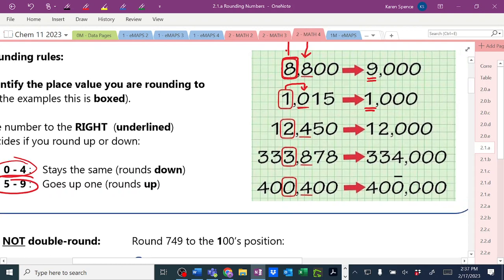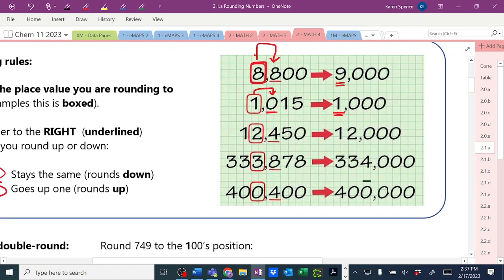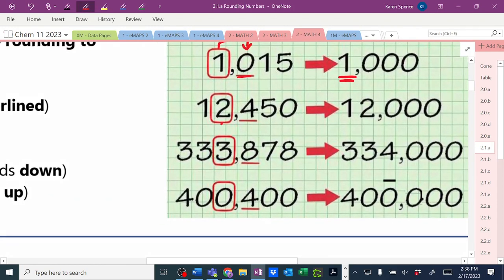One thing to watch out for, sometimes people get into the trap of double rounding. Okay, they'll look at this and they'll be like, oh, well, the 5, don't write this down, the 5 rounds this one to a 5, and then this one would round to a 3. No. Don't do that. Okay, always look only at the number directly to the right.